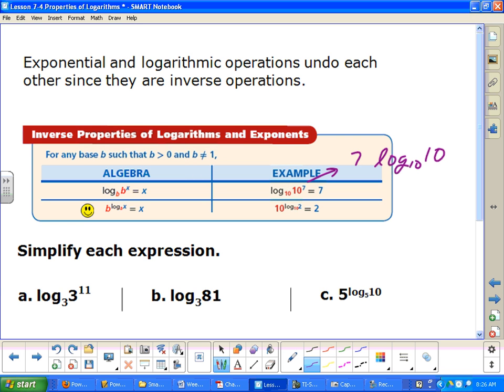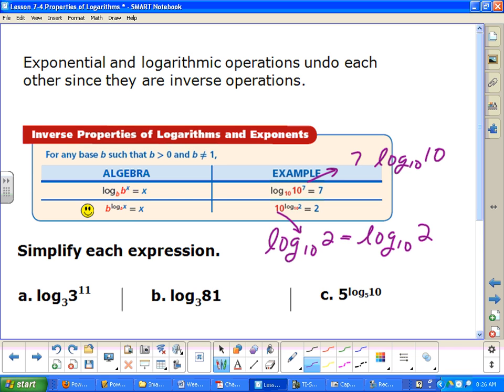So if we've got 10 to the log base 10 of 2, it's in exponential form right now. If I change it to logarithmic form, here's my base, here's my exponent, here's the answer. So I would have the log base 10 of 2 is equal to the log base 10 of the answer, which is 2.